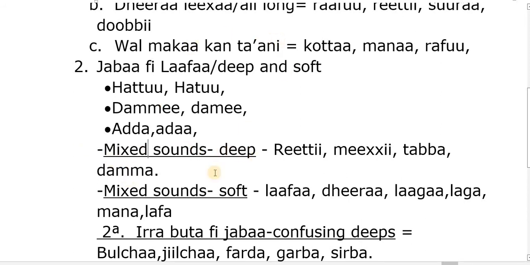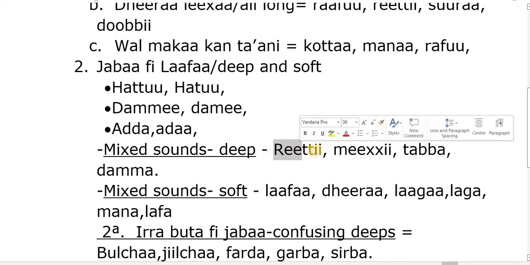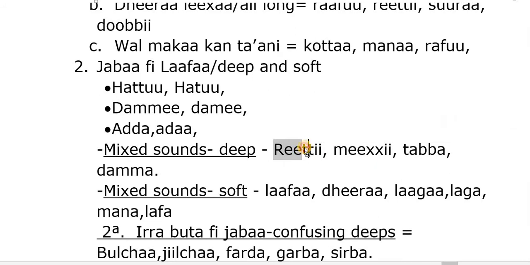Many Oromo words are very mixed, as in English or any other language. So reti here is a mix of soft long and deep long. Meti, tabba: both short, but this one is strong. Damma: both short, but this one is strong.